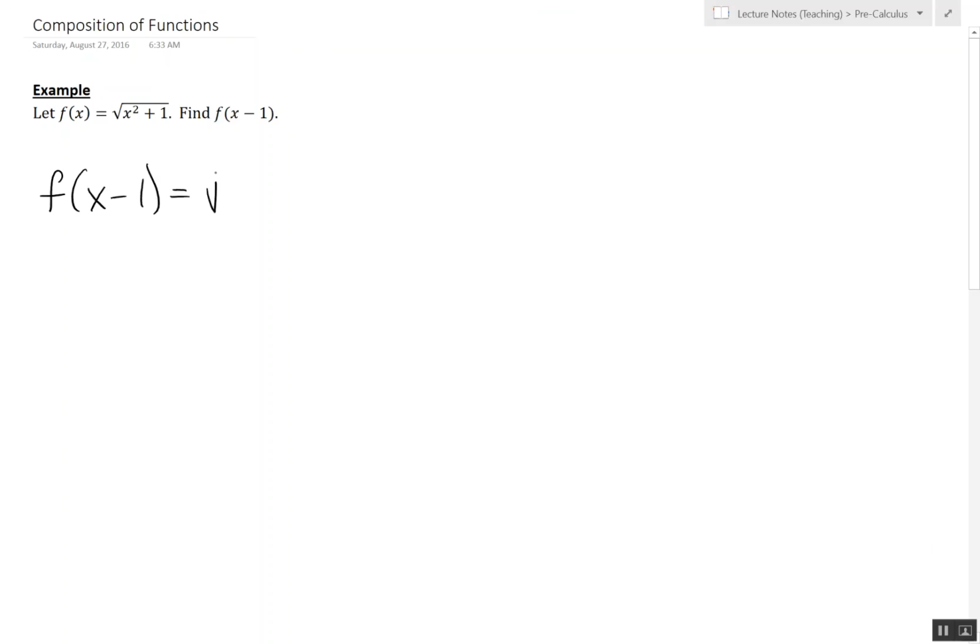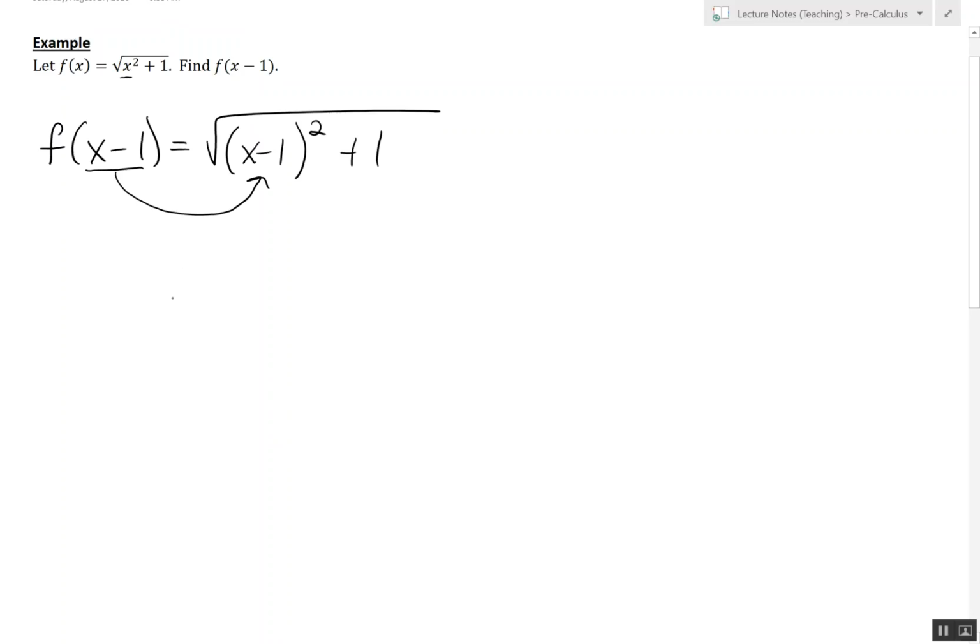Well, remember what I said before. Everywhere you see x, you're going to replace that with parentheses, and then the squared goes outside it if you have an exponent, and then we get the plus 1. So then, whatever is inside the parentheses here will go inside the parentheses here, so x minus 1 as well. And then we'll simplify this.